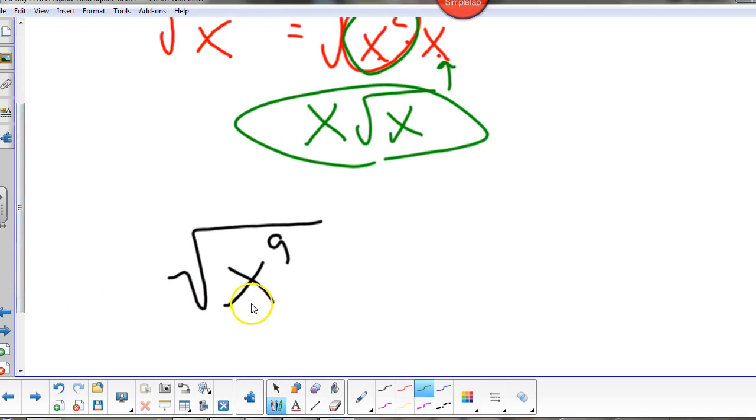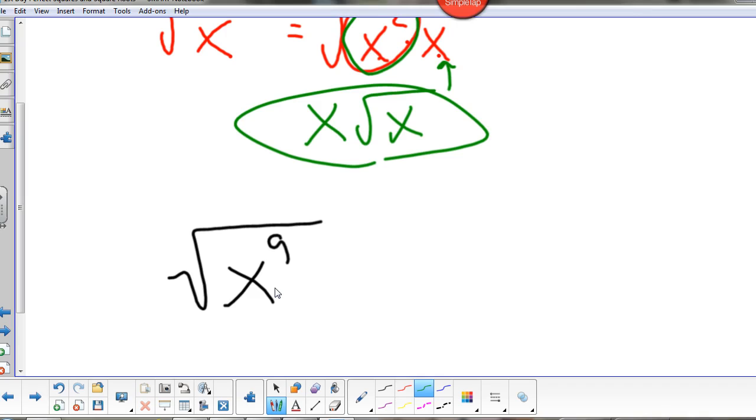Now, square root of x to the ninth. We have to be careful here. Sometimes we may want to say, oh, that's a perfect square because 3 squared is 9. But x to the third times x to the third is x to the sixth, not x to the ninth. So x to the ninth is not a perfect square.